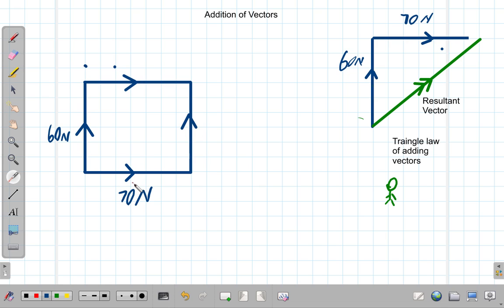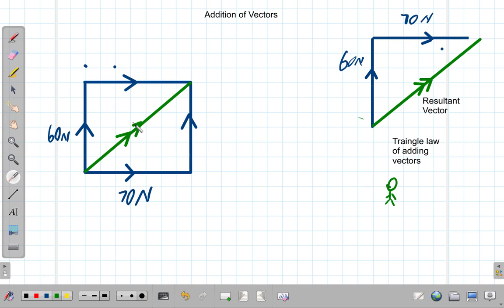What you do now is draw a diagonal in such a way that the diagonal is projected from where both vectors leave and then ends up where both vectors end. So this now is your diagonal. That is your diagonal. Notice what happened now. This diagonal is the same as this.